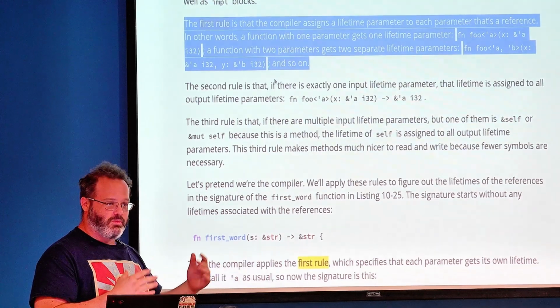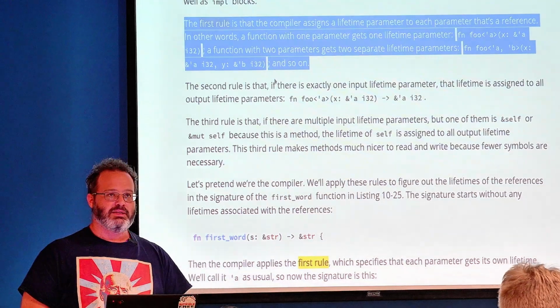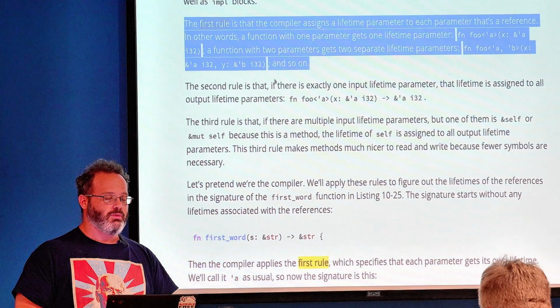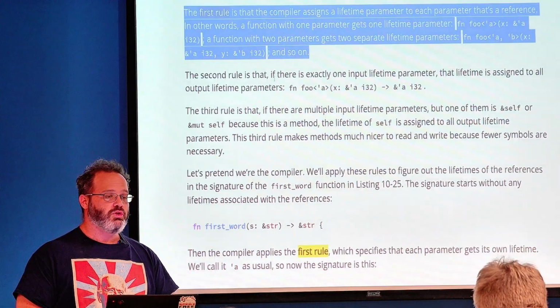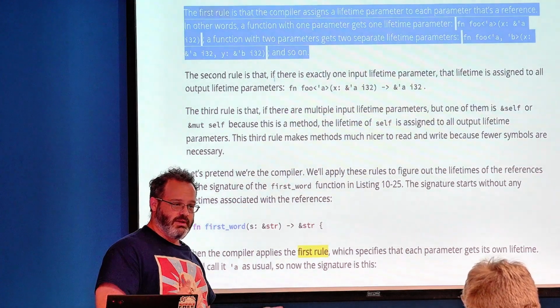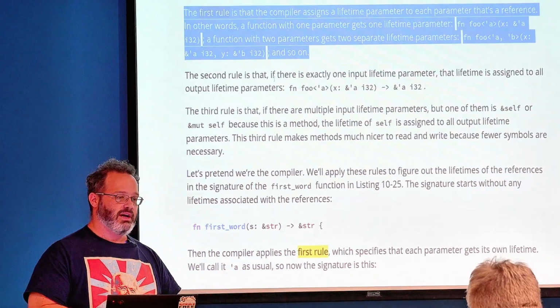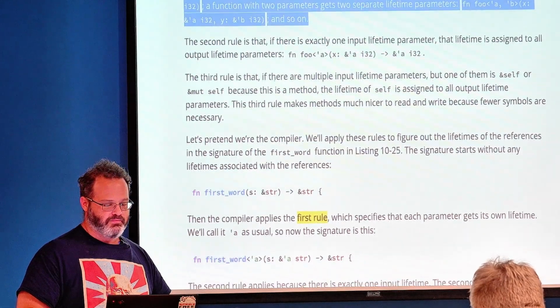We'll not make assumptions that any 2 of them are the same. This is the most liberal way to write that lifetime code, right? You could tell the compiler to be more conservative than that: these are going to be of the same lifetime. Or you can tell it they don't have to be of the same lifetime. Go make it work if you can. And that's the default behavior.